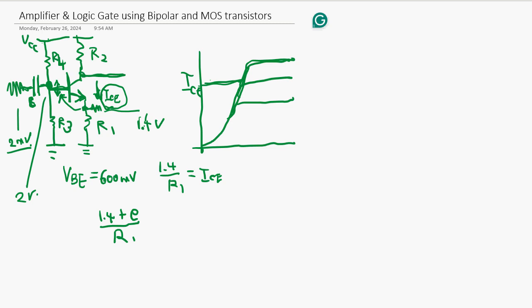How about this voltage? This voltage is going to be R2 times ICE. So the output voltage is going to be 1.4 plus the signal, times R2 over R1.